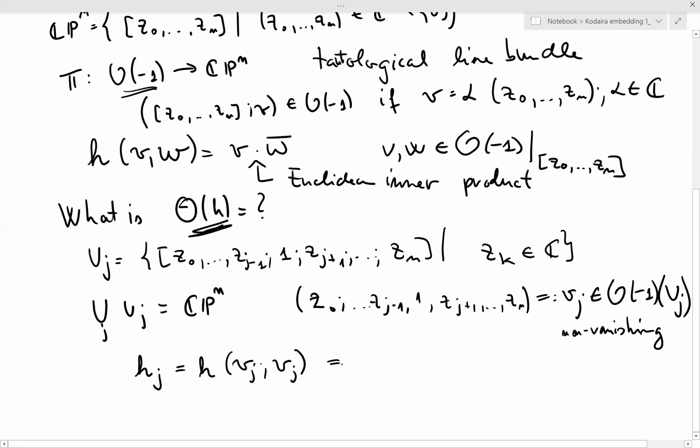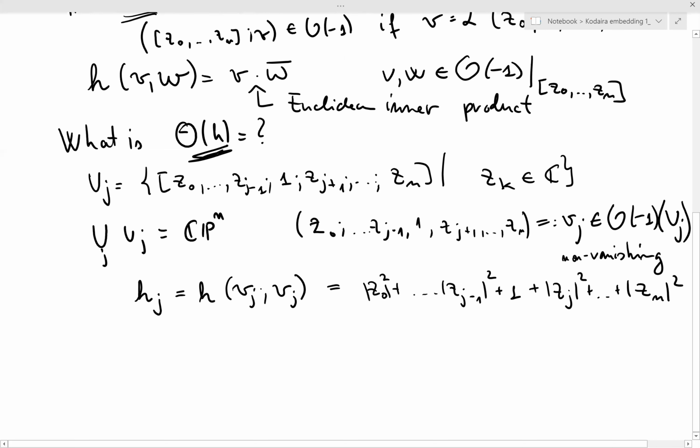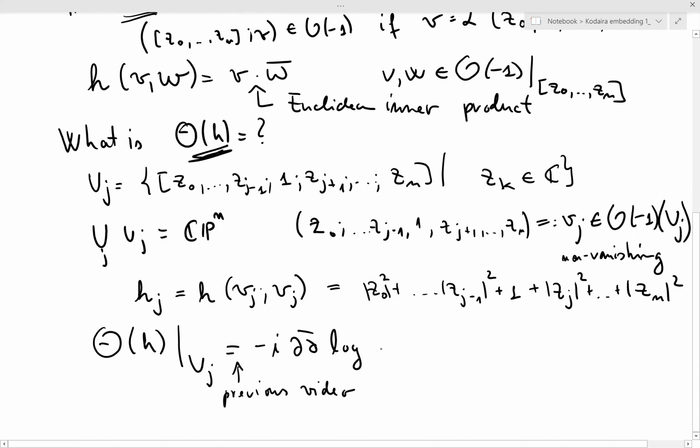In this case, that is going to be, with the Euclidean inner product, |Z0|^2 all the way to |Z_(j-1)|^2 plus 1 plus |Z_(j+1)|^2 plus ... plus |Z_n|^2. Then theta_h restricted to U_j is nothing but, see the previous video, negative i del-bar del of log h_j.